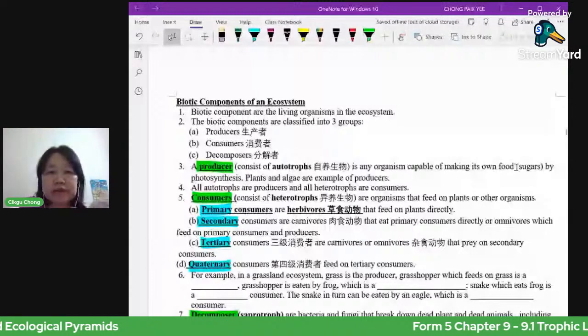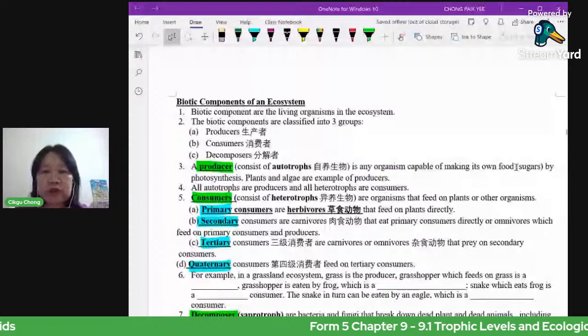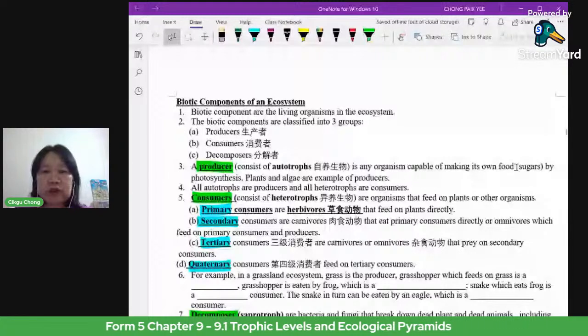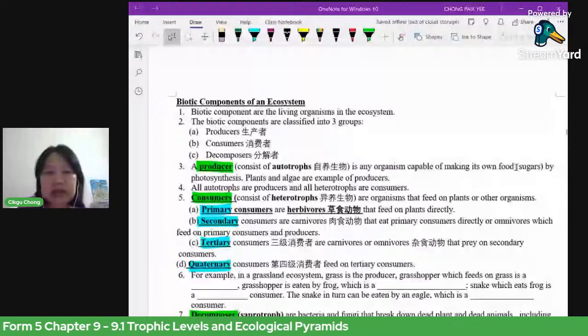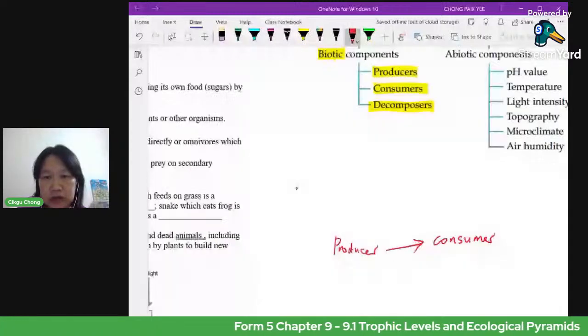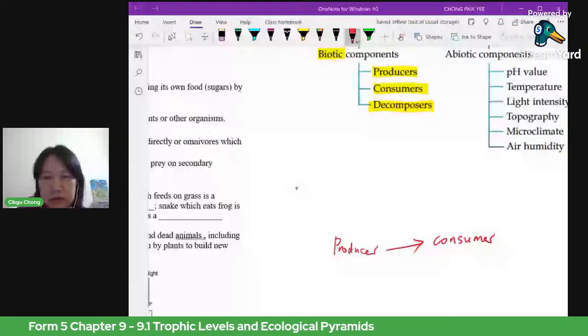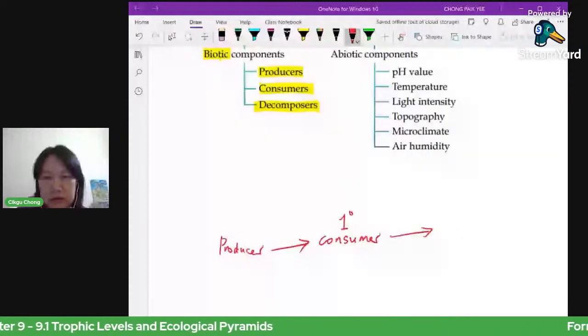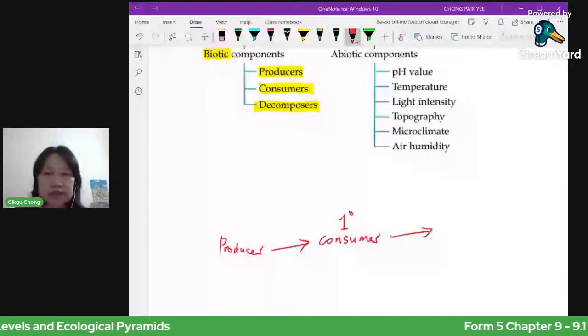So if you look at the relationship here, your producers are the ones that can make the food. The producer will be eaten by the first level, the primary consumer. So I'll just put a symbol here, primary consumer. And then when that organism is eaten by another animal, this will be the secondary consumer.